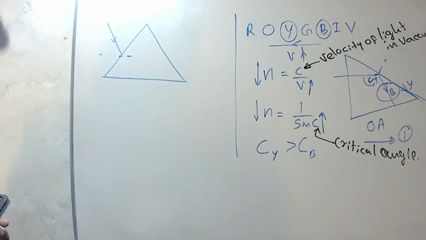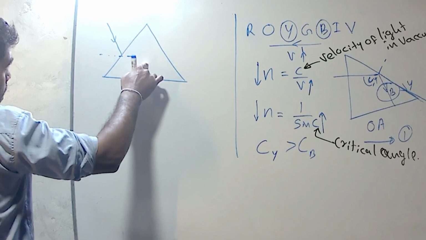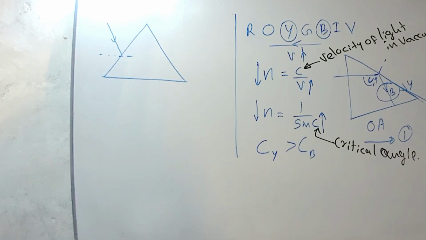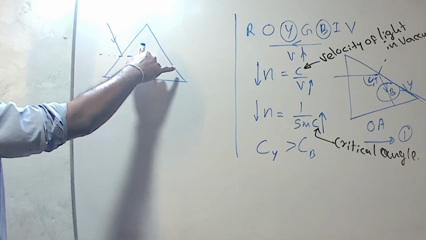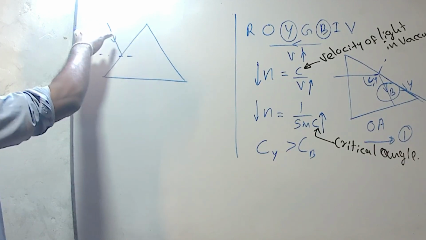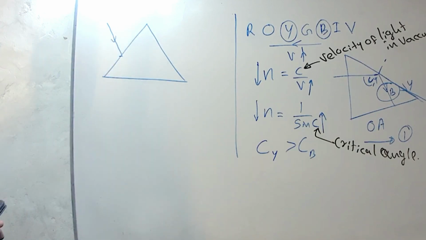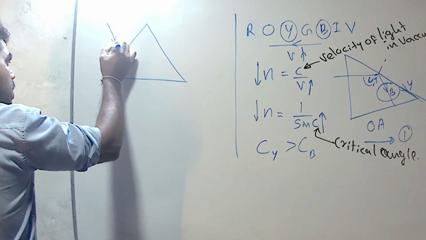You know that this is the air medium inside the prism and the outer medium is water. And refractive index of air is less than refractive index of water.